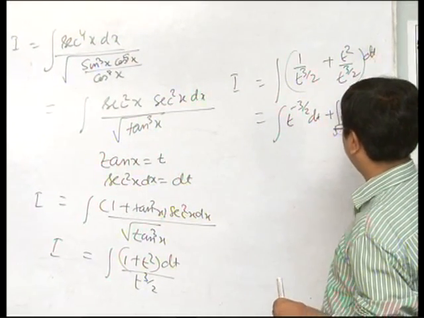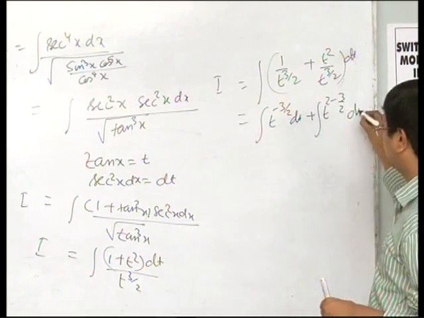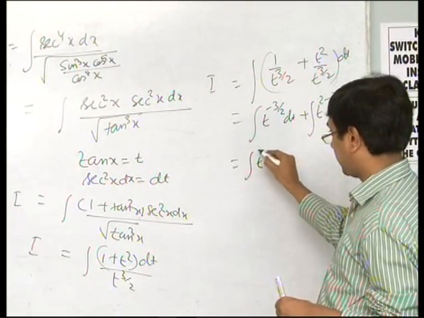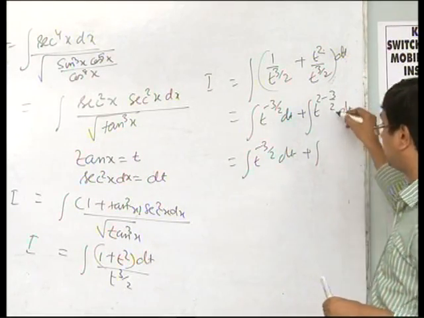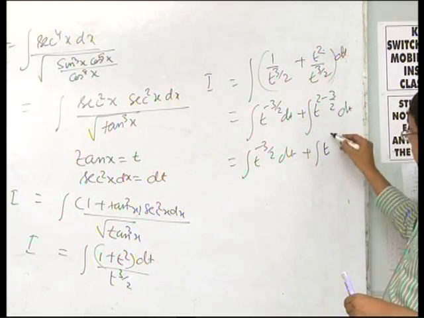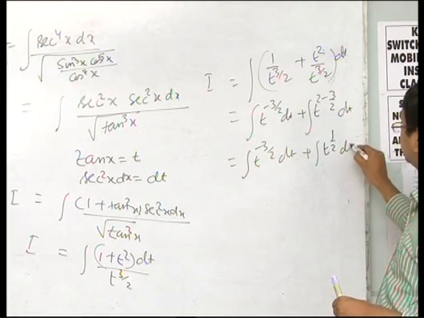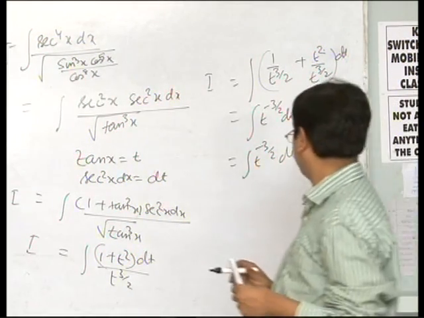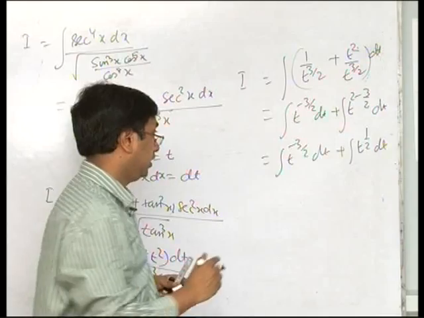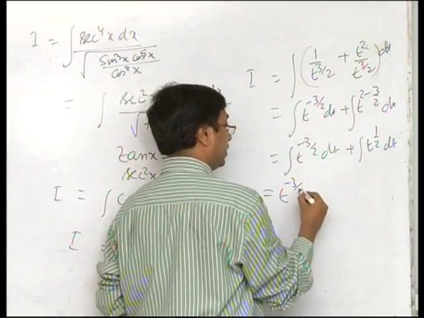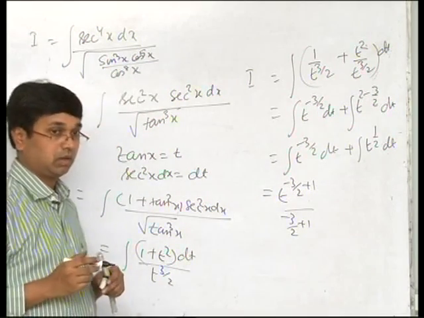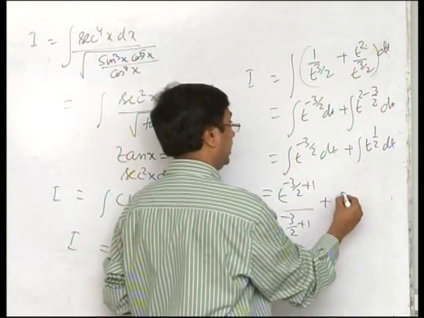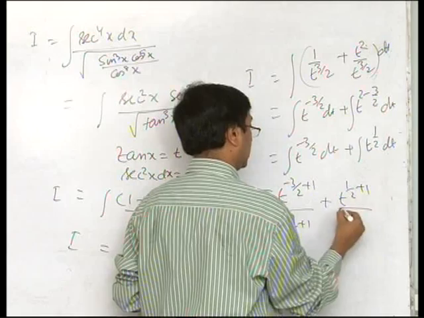And here you would have 2 minus 3 by 2 dt. So that is t raised to power minus 3 by 2 dt. A raised to m upon n, so m minus n: 4 minus 3 is 1, so 1 by 2 dt. So you will get t raised to minus 3 by 2 plus 1 upon minus 3 by 2 plus 1, and here you will have t raised to half plus 1 upon half plus 1.